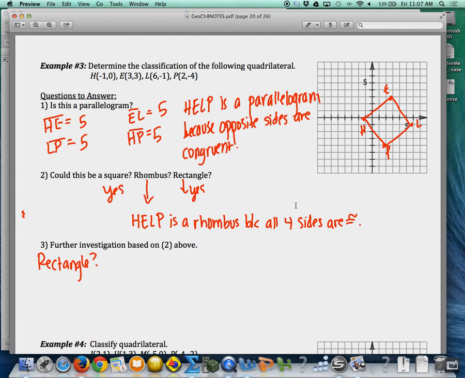4 times. If we want to show the diagonals are congruent, how many times are we going to have to do the distance formula? Twice. Which one appears to be less work? The diagonals, right? So one diagonal is HL, and then that would make the other diagonal EP.